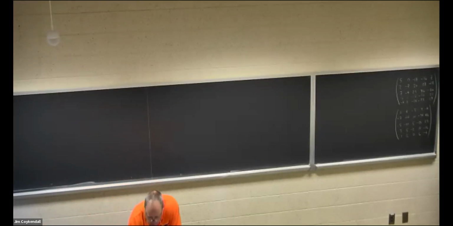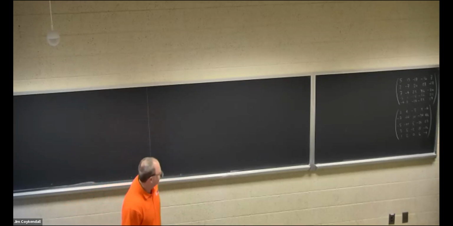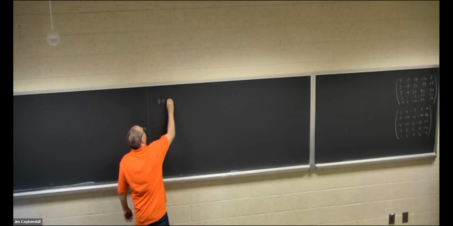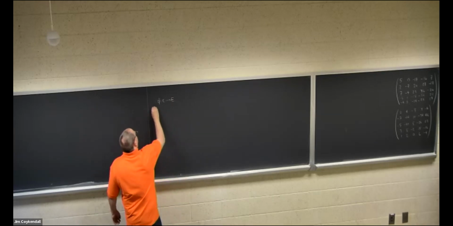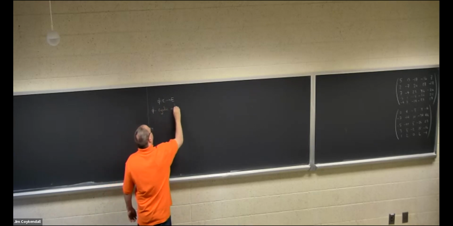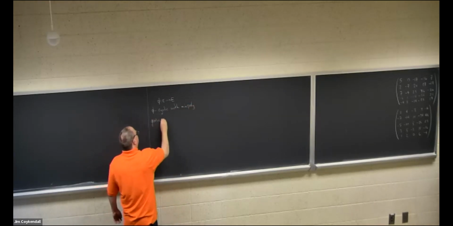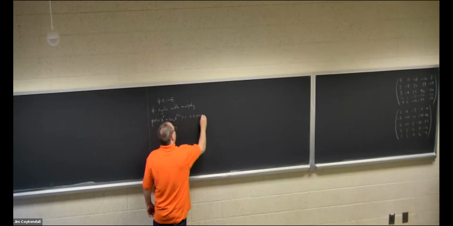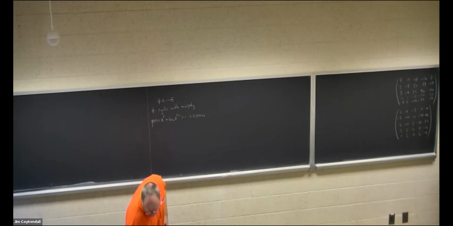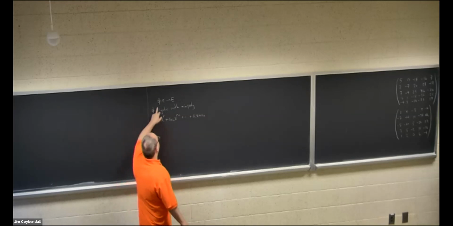I'm not going to repeat some of the notation, but I'm going to briefly outline what was going on with this. If we have a linear transformation phi from E to E, and phi is cyclic with minimal polynomial Q of X, which is X^r plus A_{r-1} X^{r-1} plus ... plus A1 X plus A0, then phi is cyclic with this minimum polynomial if and only if the dimension of E is equal to r.